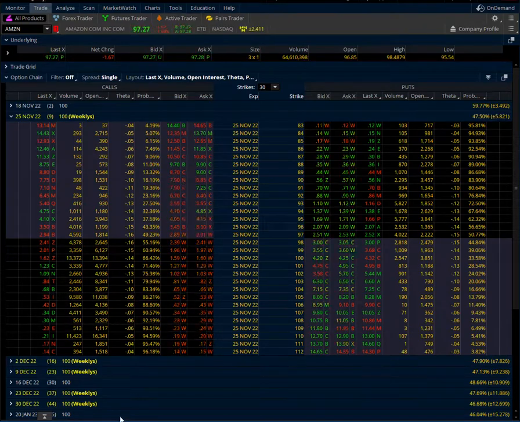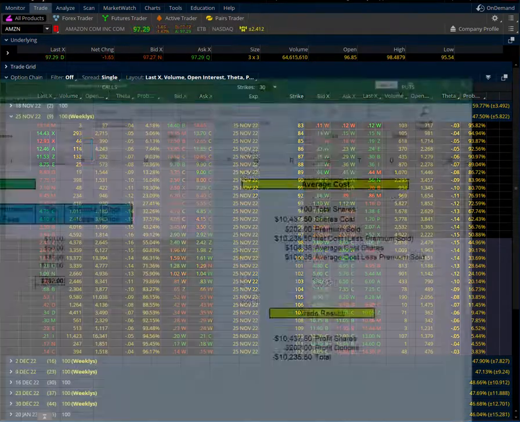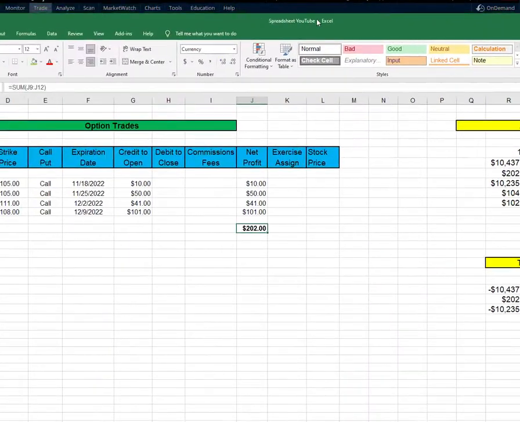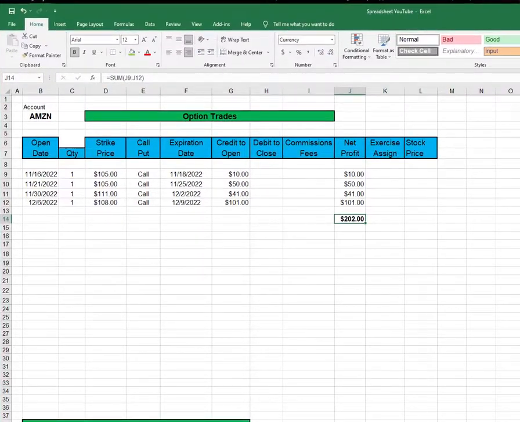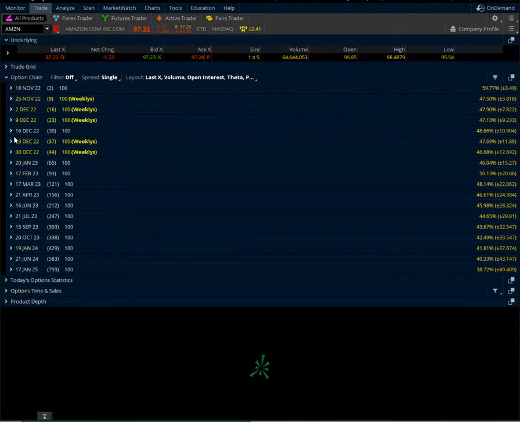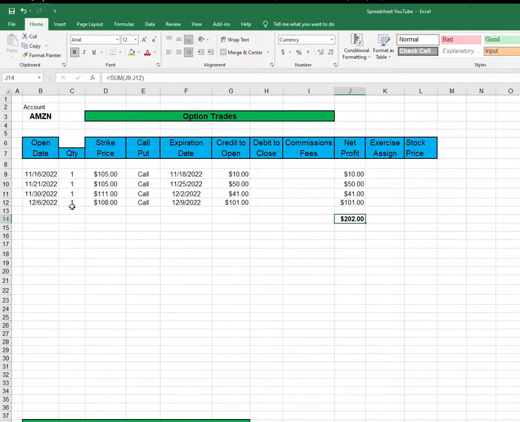So let's add this to our spreadsheet, except I'm going to change the dates. This would actually be 12/16 expiration. We're doing a call, and we did the 105, and let's just say we did that on 12/12, and we got 52 cents.